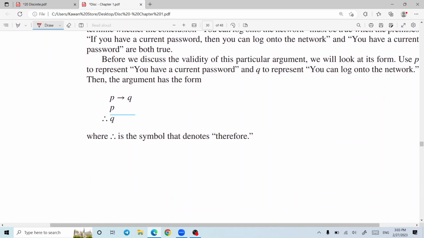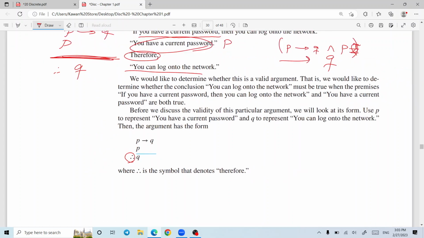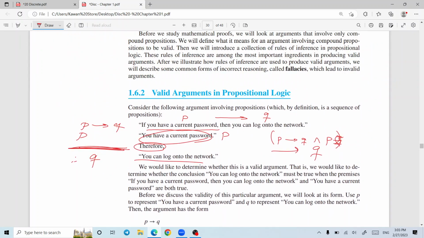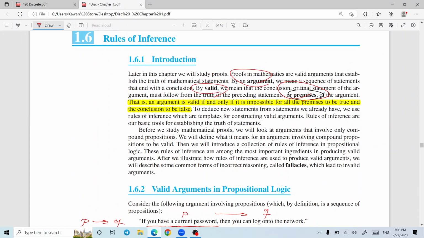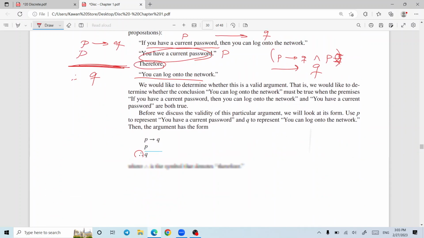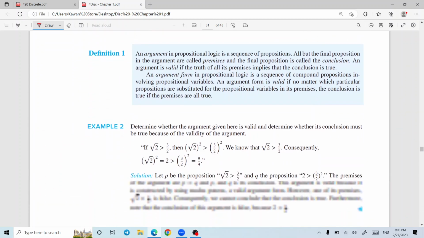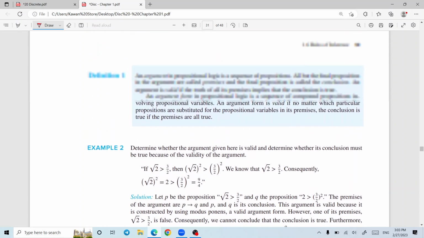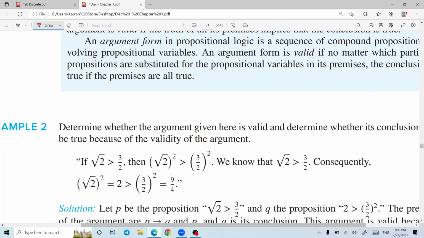So you can see from here, when you say therefore, we have the conclusion. After the therefore, we have a conclusion. Good. Now, look here.